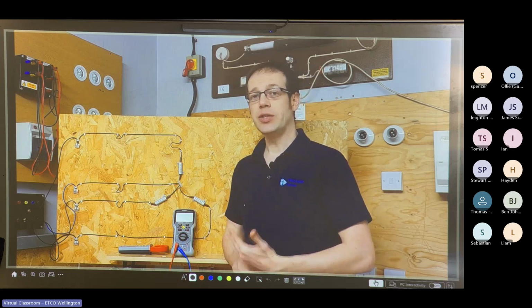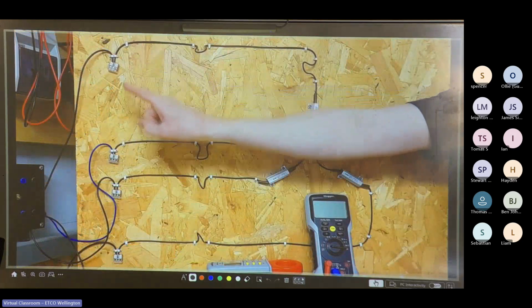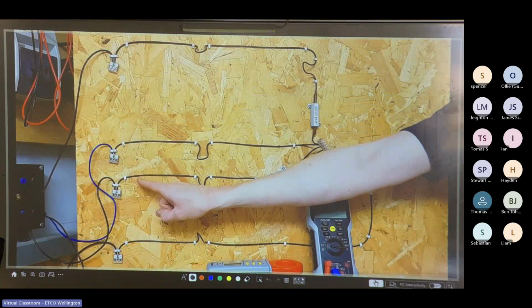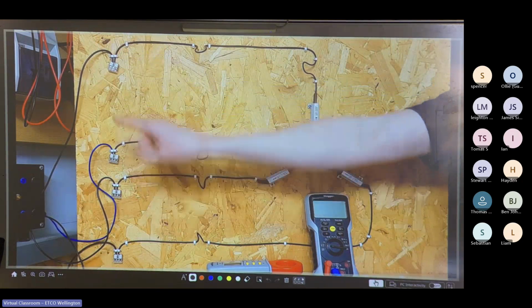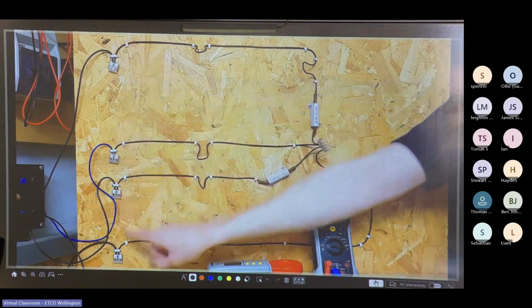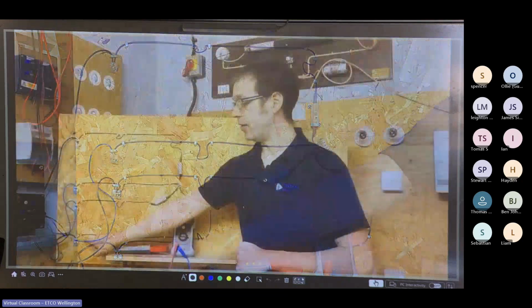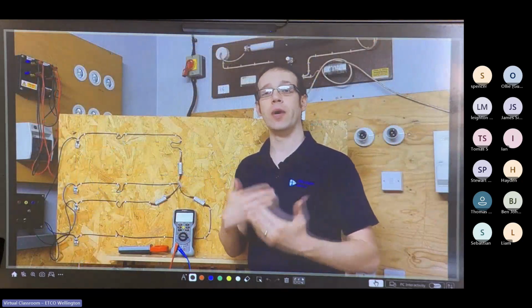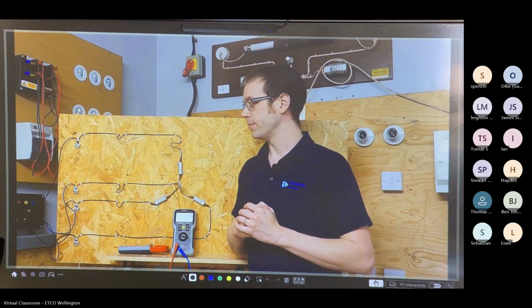Well, line voltage in a 3-phase system is the voltage that can be measured between any 2 supply lines. So we might measure it between L1 and L2, as we've got here. We might measure it between L1 and L3, or we might measure it between L2 and L3. Those are the 3 different ways that we can measure line voltage in a 3-phase system.